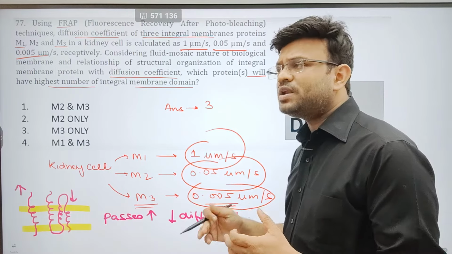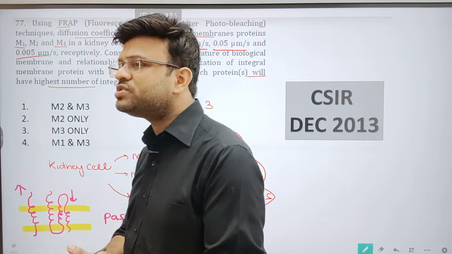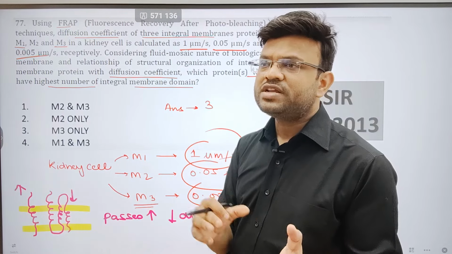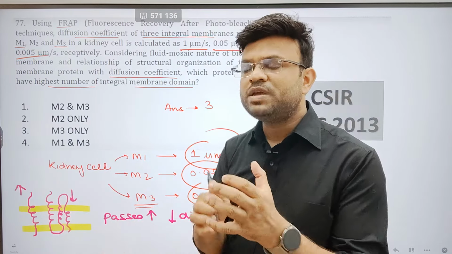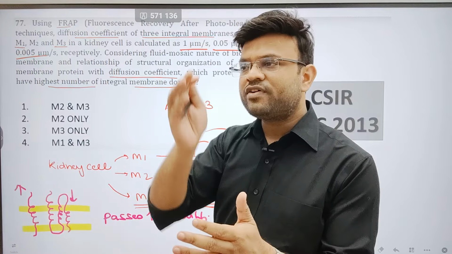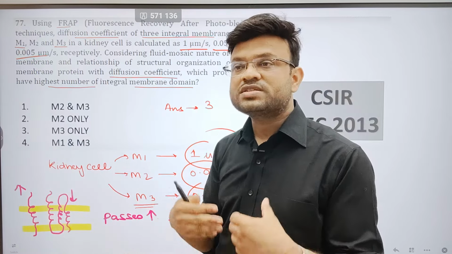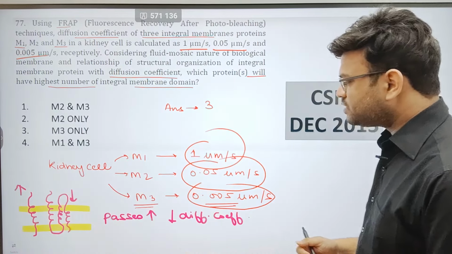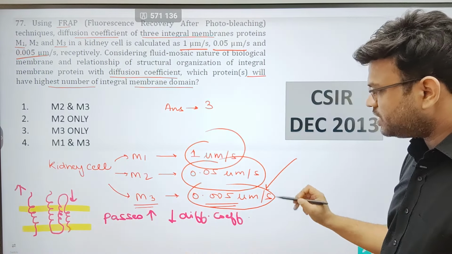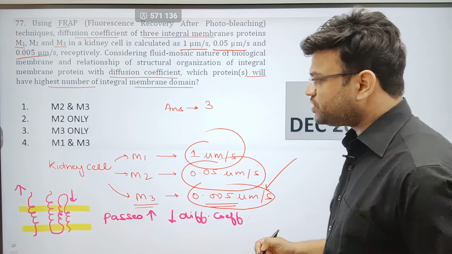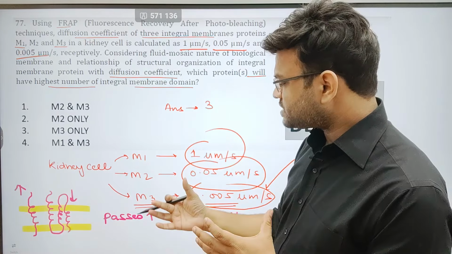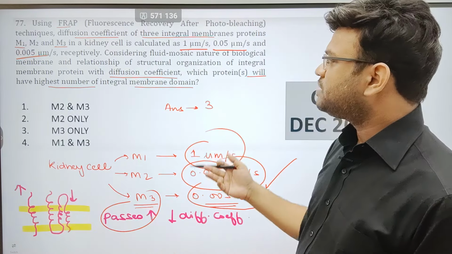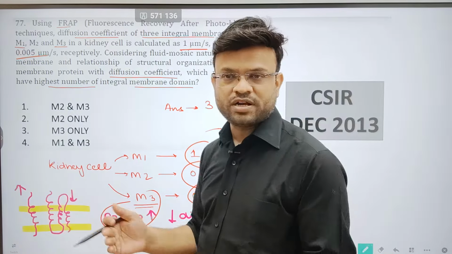Obviously the one with the least diffusion coefficient will be the least mobile, and if it is least mobile, it would be more connected. It will have a multi-pass nature, and it might also be connected with the cytoskeleton. Because M3 has the least coefficient, we can understand that it would have a high number of passes, plus it might also be connected with cytoskeleton proteins.